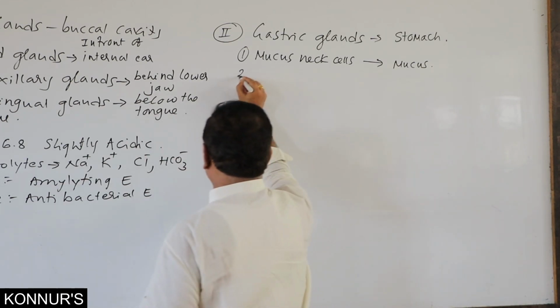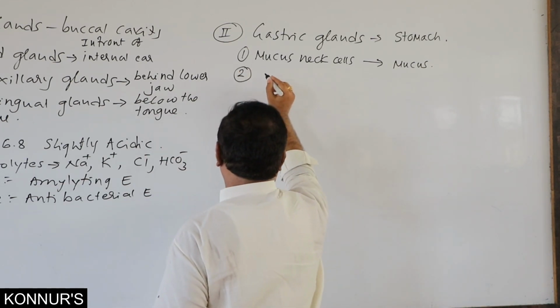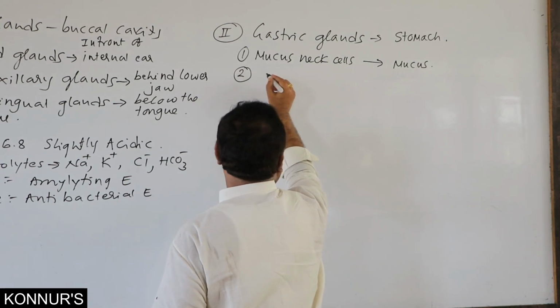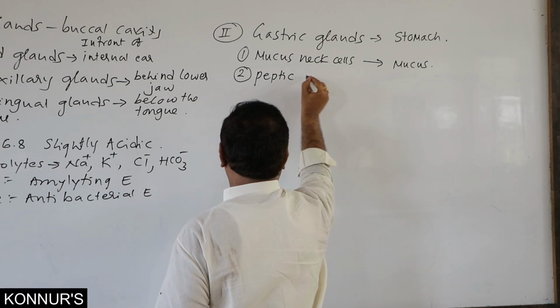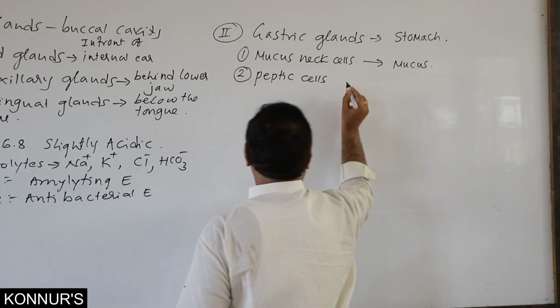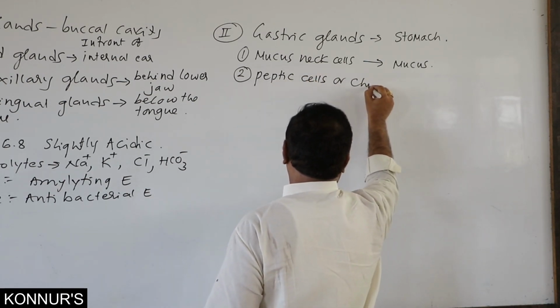And the second type of cells is peptic cells or chief cells.